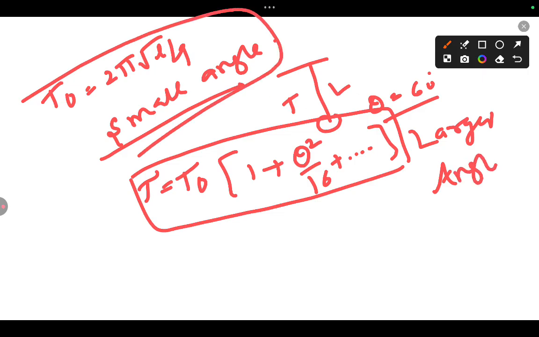From this statement and condition, it is clearly understood that T is equal to T naught plus something. That means the value of T is greater than T naught. So for question 76, your answer is A.